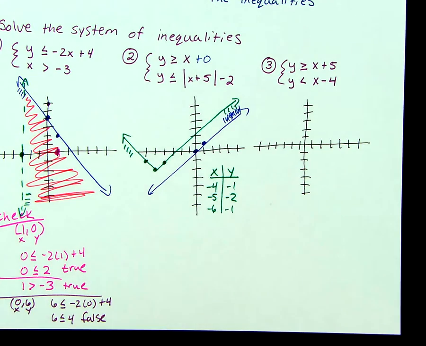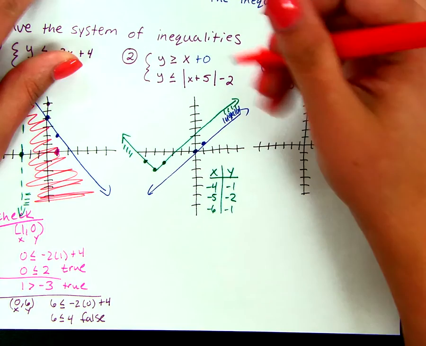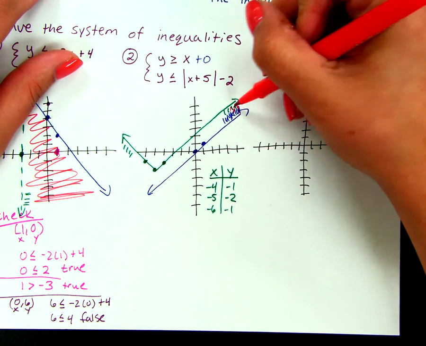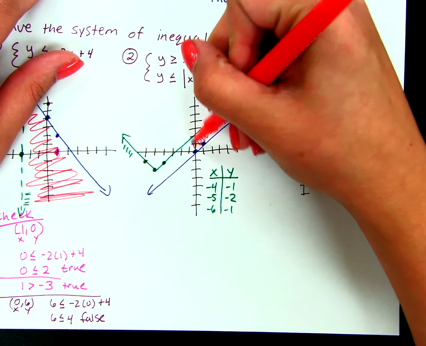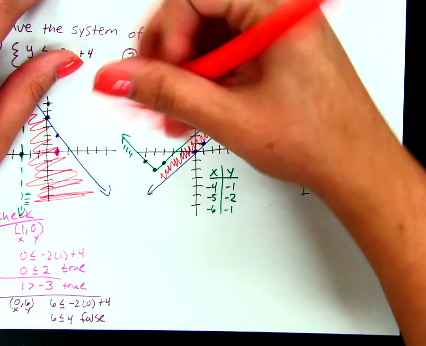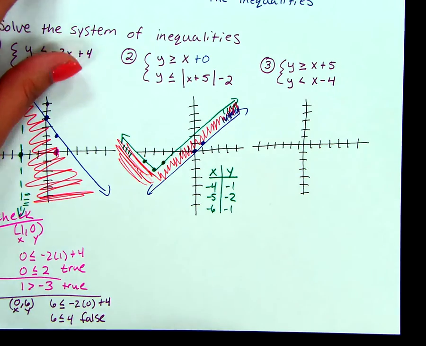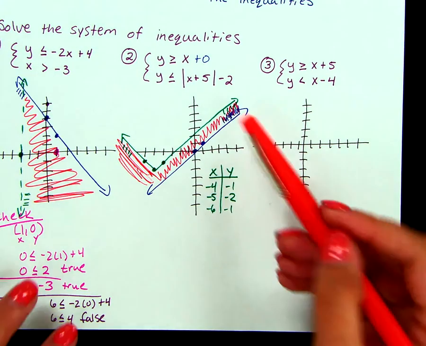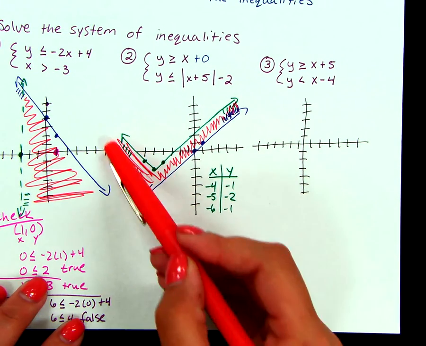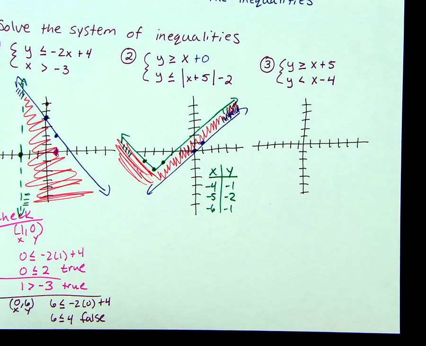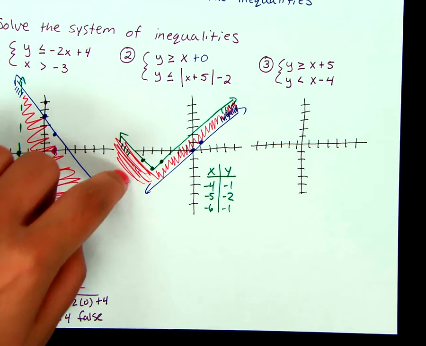So our overlap is going to be everything in between that V shape and our linear. And then down here, we're going to have to go everything out in this region. So again, the red part, this is all the solutions that would satisfy both of those inequalities. So that means that it's going to make both of the inequalities true statements when we pick those points.